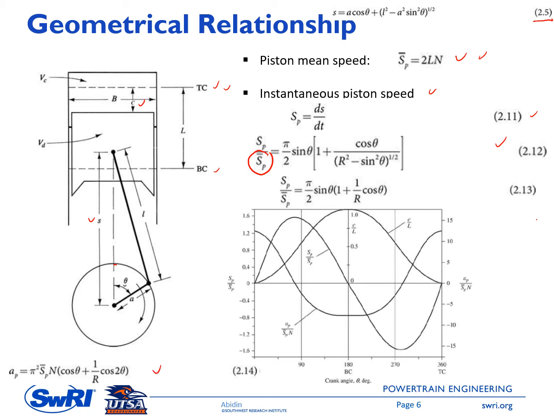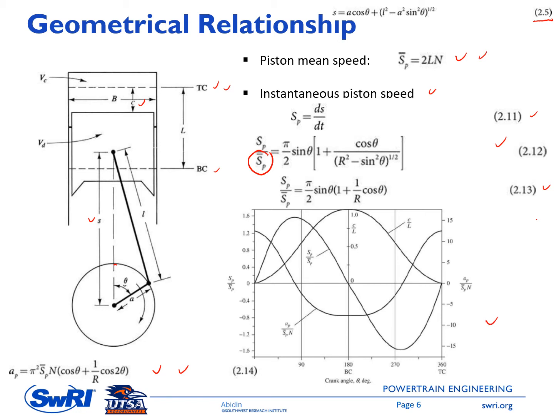You can see here equation 2.13 is for the instantaneous piston speed, and equation 2.14 is the instantaneous piston acceleration. Both are a function of the crank angle, theta. So we can plot the instantaneous piston speed and acceleration as a function of crank angle, and this is shown in this figure.